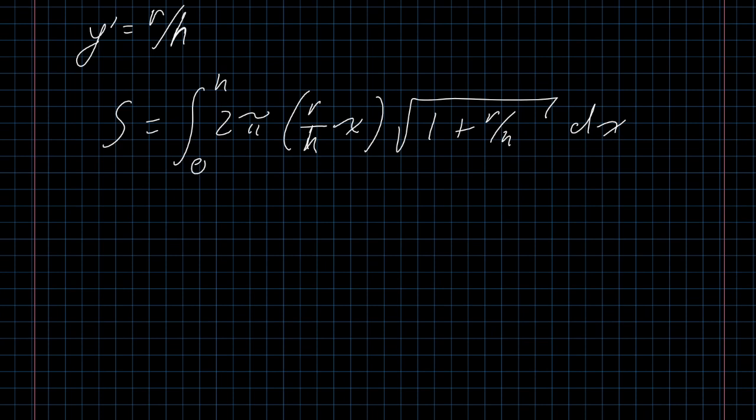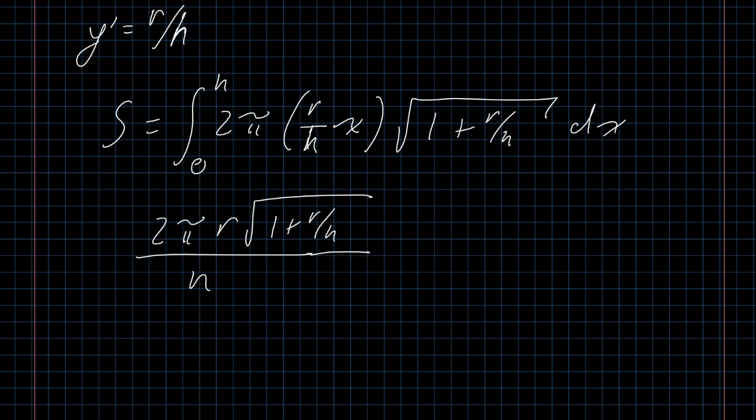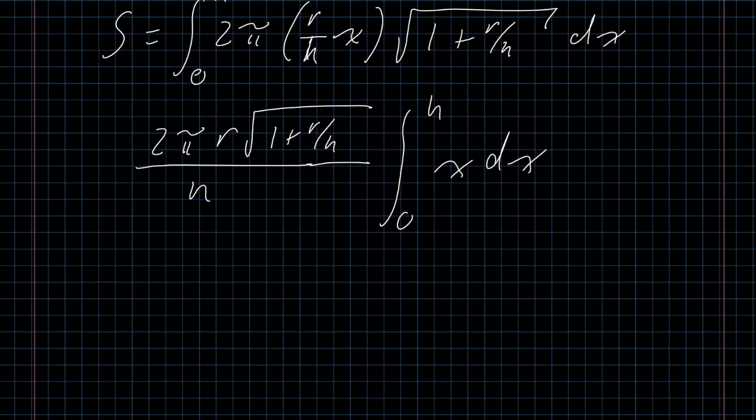And yeah, there's a lot of constants there that we can just get rid of. So the 2, the pi, the r, the h, and even the square root of 1 plus (r over h) squared all come out of the integral. And we're really just left with the integral from 0 to h of x dx.